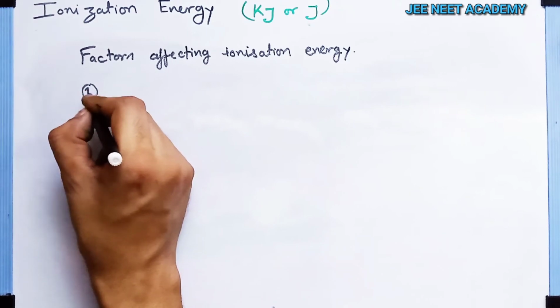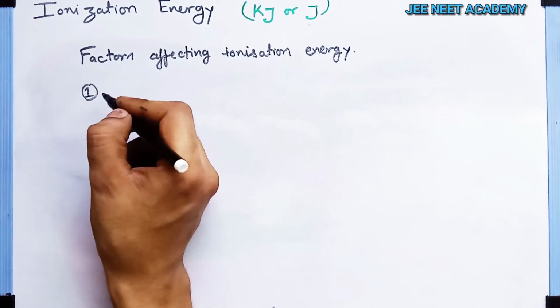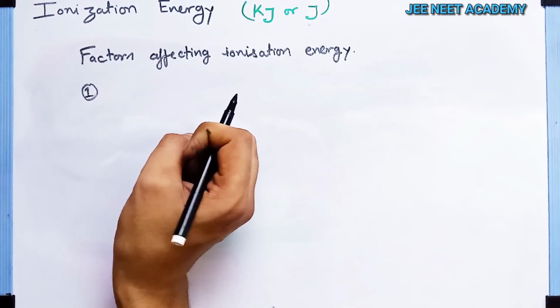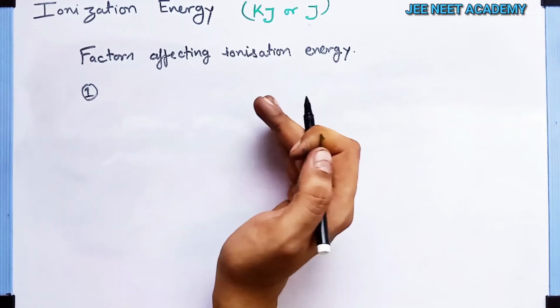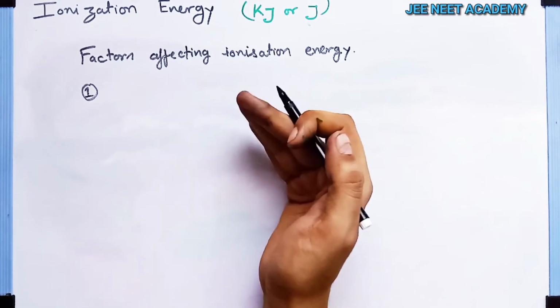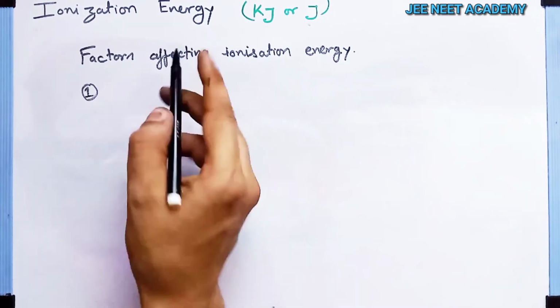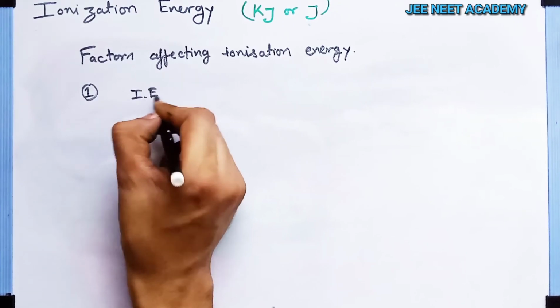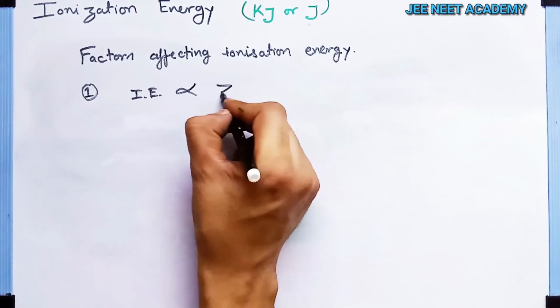We know that the Z effective is responsible for the attraction of electron towards nucleus. So as the Z effective increases, ionization energy will increase. Ionization energy will be directly proportional to Z effective.